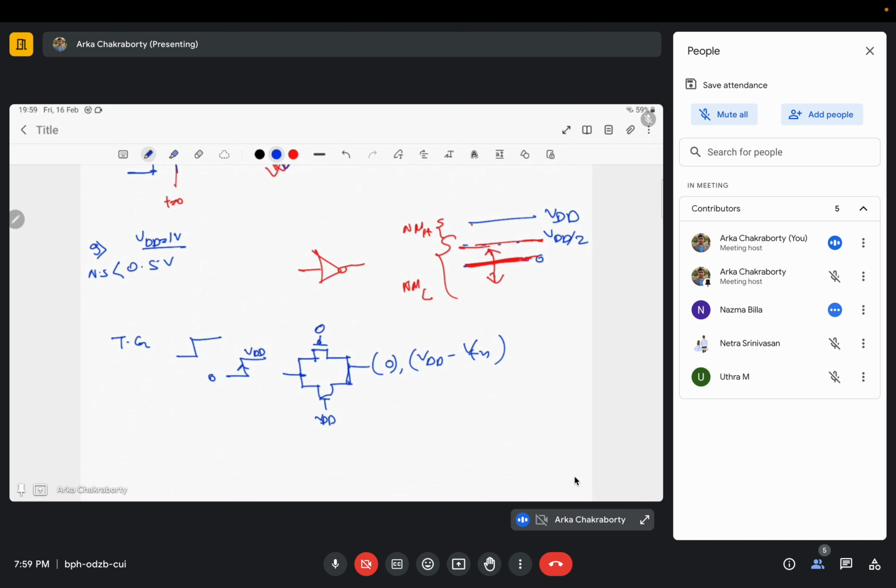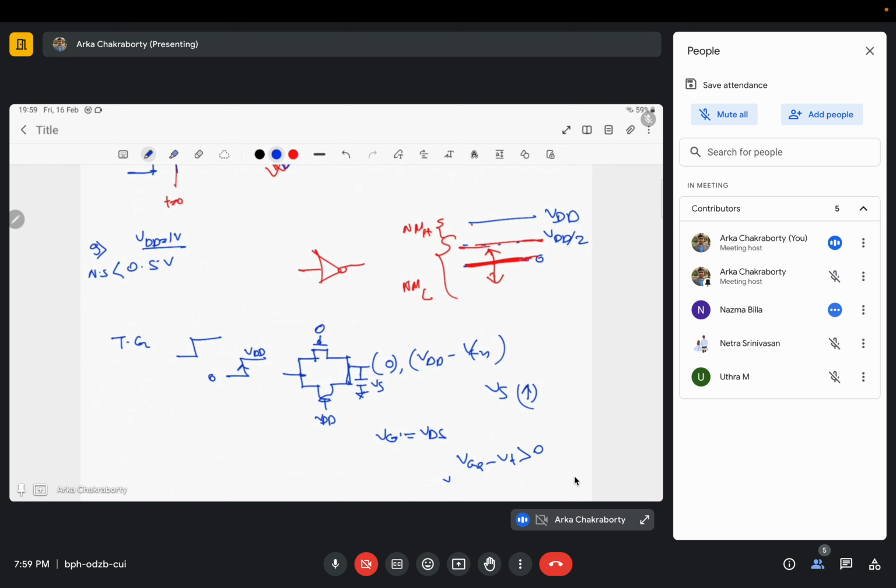See, simple thing. Here, if you apply VDD, you are applying VDD at the gate. So this is your VS. As this one is charging, your VS is increasing. So my VGS minus VT should be greater than 0.